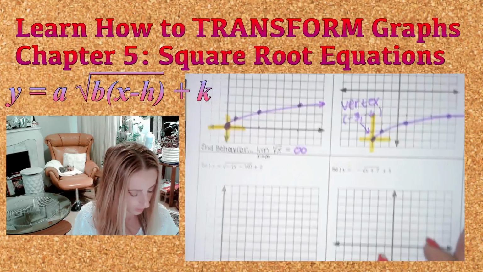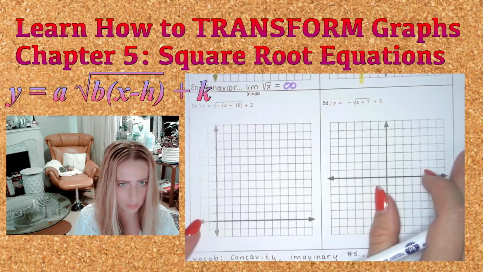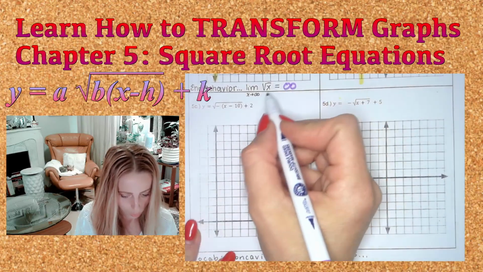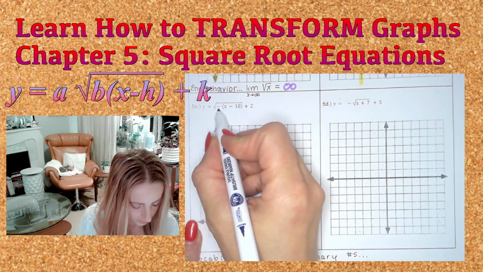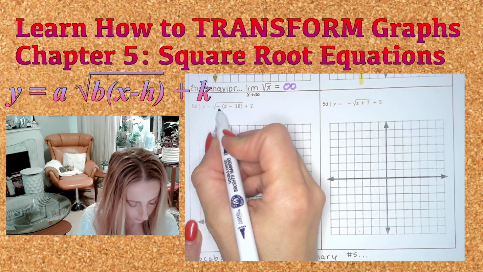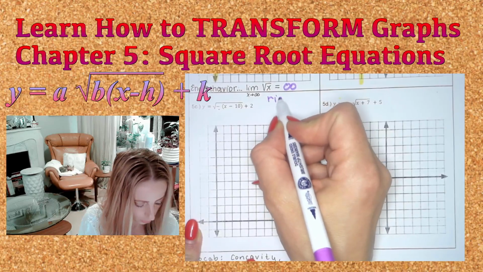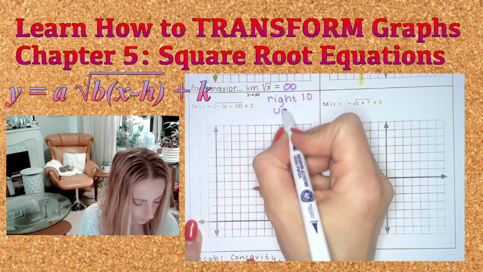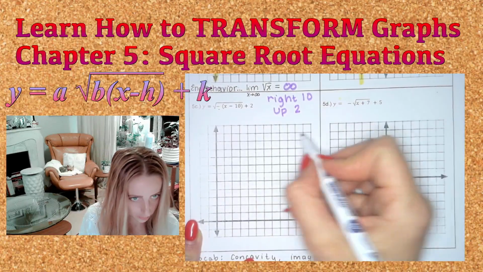All right, let's look at 2 more examples. Here we are. First thing to look at: I'm going to save this cutie pie for the last thing to describe. X minus 10 means we move right 10, plus 2 means up 2. Let's compare, let's do two at once.